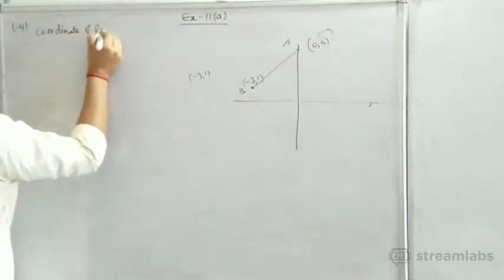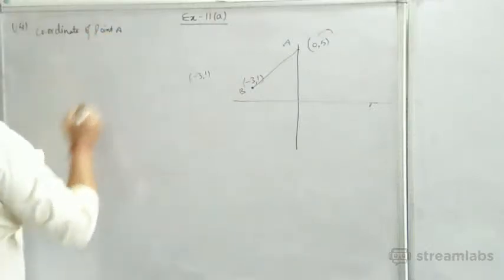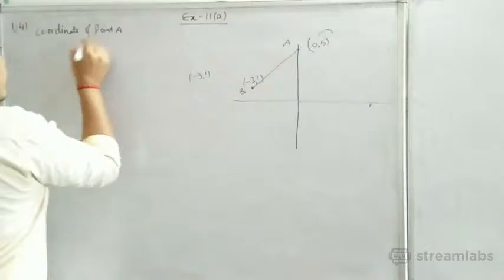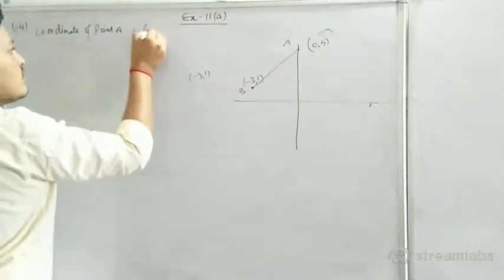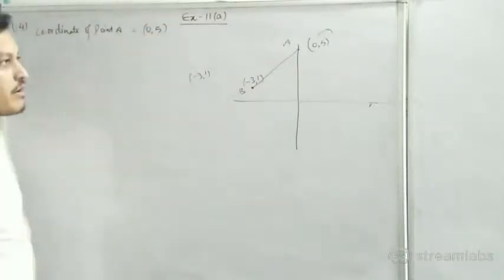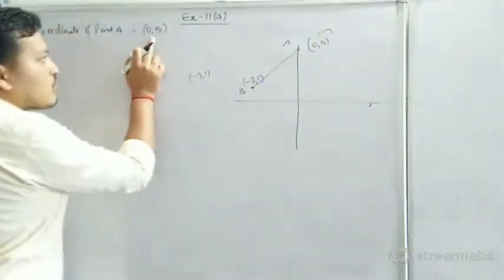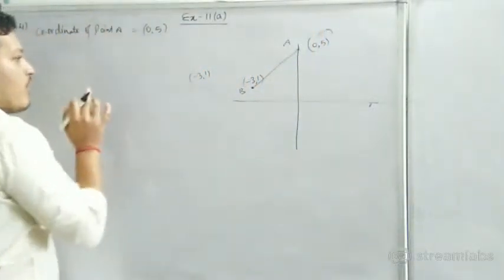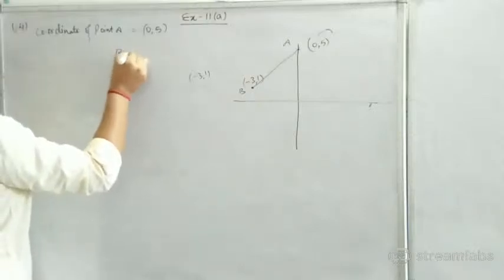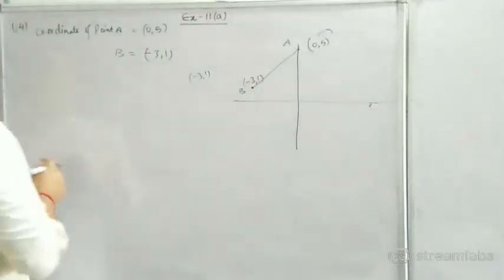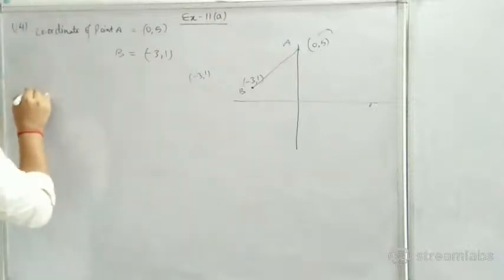The coordinate of point A is equal to 0 comma 5, because the point lies on the y-axis, therefore x is equal to 0 and y is equal to 5. Next, the coordinate of B is equal to minus 3 comma 1, and the question is to calculate the distance of AB.